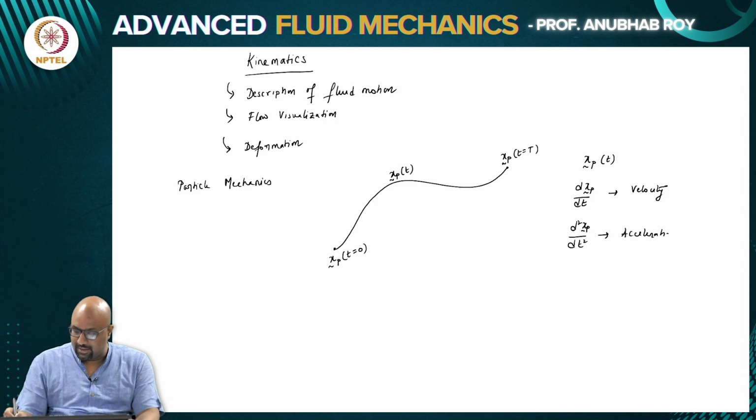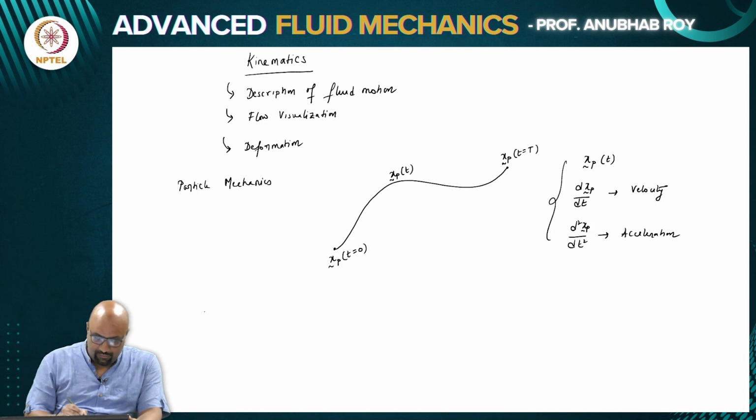So, these are fairly standard things which we all know when we are learning about kinematics: if I find out what the particle's position is at different instants of time, I can compute the rate of change of that position, which gives me my velocity, and the rate of change of that velocity gives me my acceleration. So, no surprises here in terms of what we understand in particle mechanics.